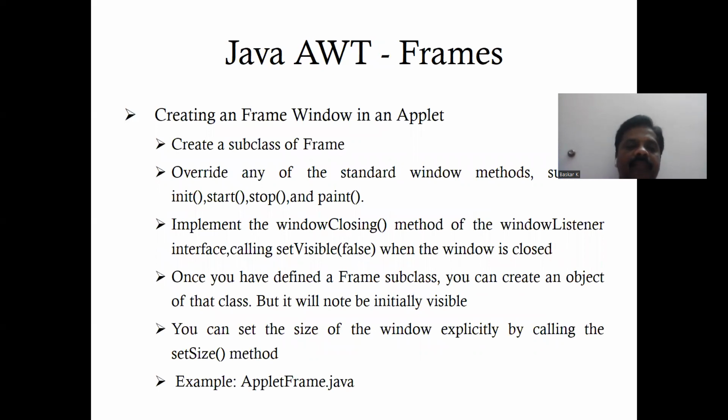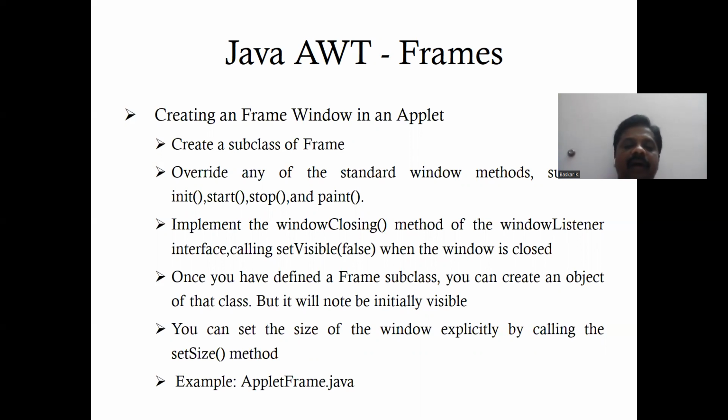And next, creating a frame window in an applet. How are we going to create frames in an applet? Create a subclass of Frame. Override any of the standard window methods, such as start, stop, and paint. Implement the windowClosing method of the WindowListener interface, calling setVisible when the window is closed.